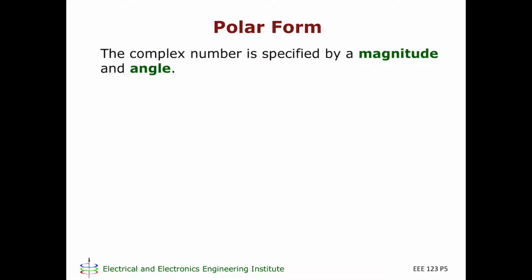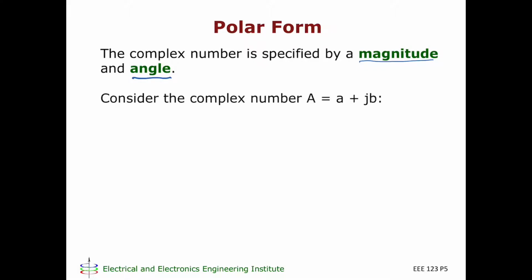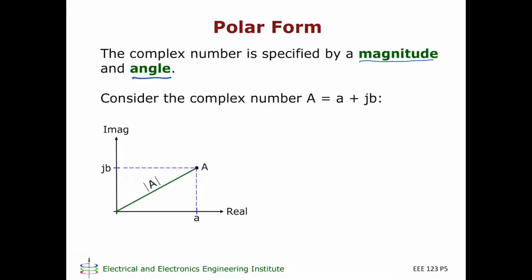Another way of specifying a complex number is through its polar form. Here, the complex number is specified by a magnitude and an angle. For example, if we consider the complex number a plus jb and plot that in the complex plane, we can draw a line segment from the origin to the point A, and the magnitude of that line segment would be the square root of a squared plus b squared.